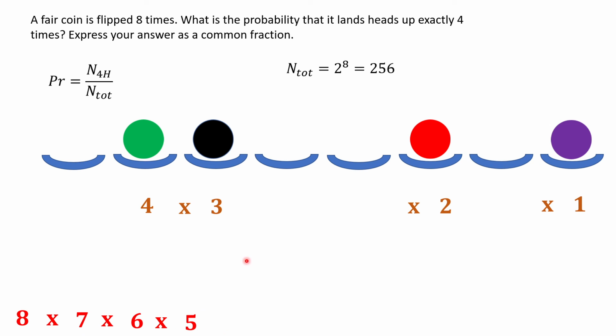So really, to find the actual number of different positions we have with the black balls, we need to take this number and divide by the number of shuffles, or number of permutations, we had for 4 balls in 4 positions.